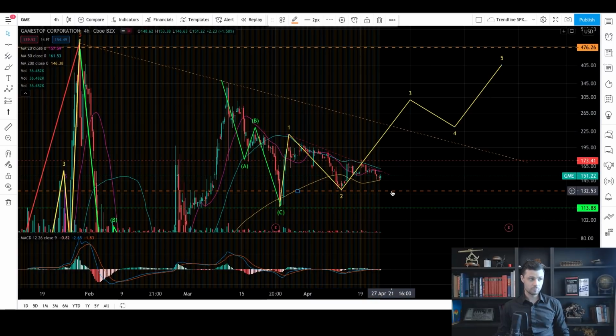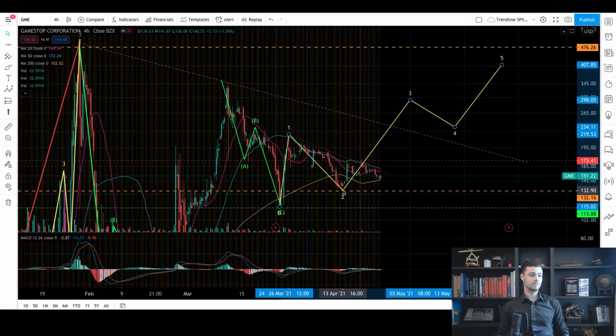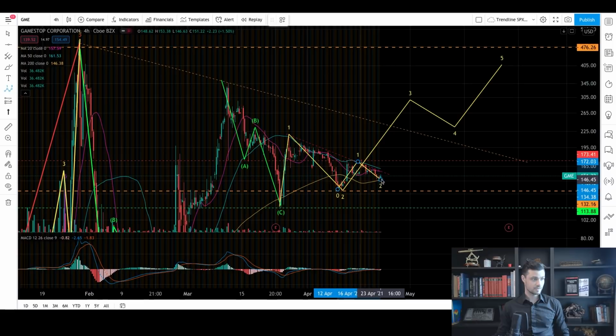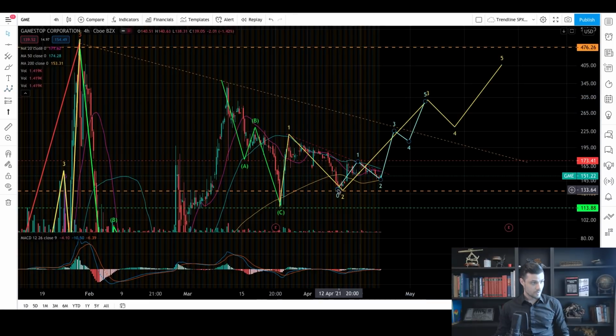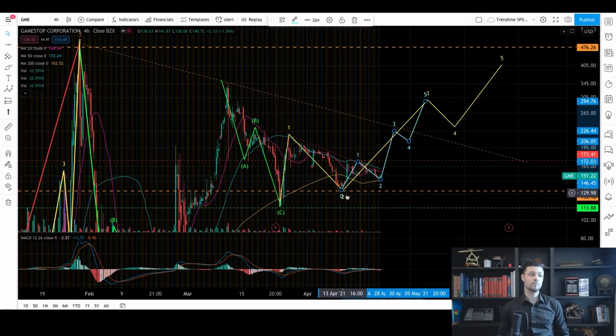Because if we go below 130, I know that this cannot be a 1-2, something like this is not possible. If it's a 1-2, it needs to hold above the beginning of wave 1.